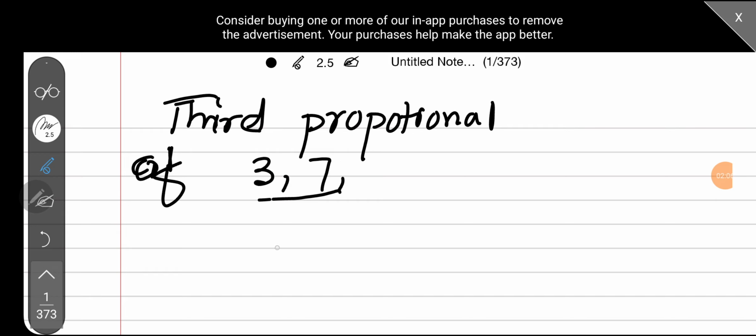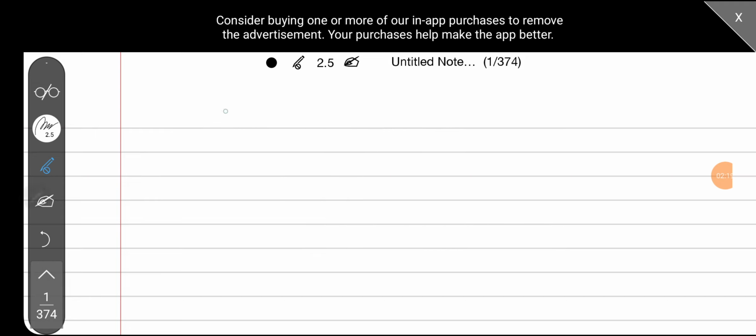So what is the third proportion of 3 7? So we can write this simply 7:x.